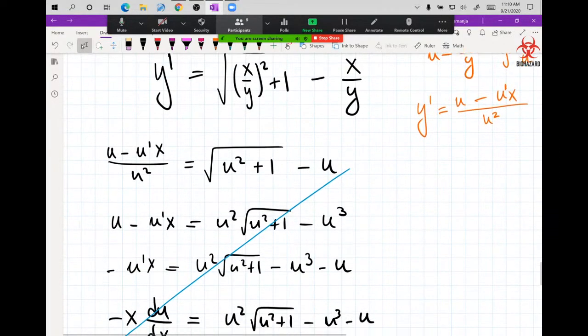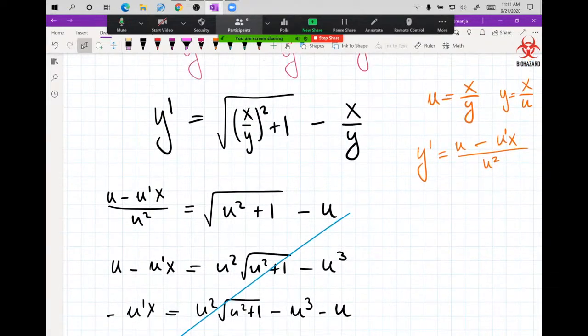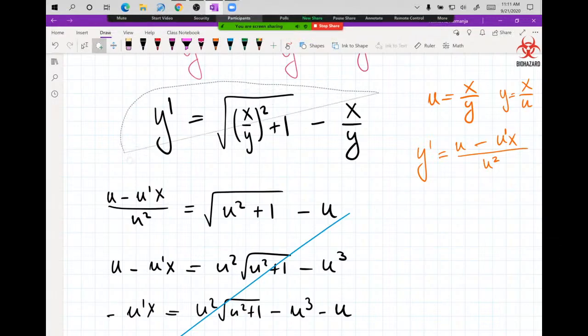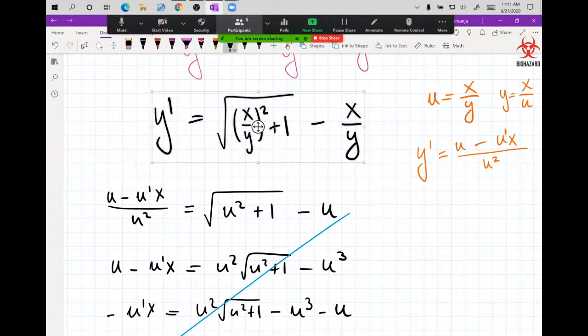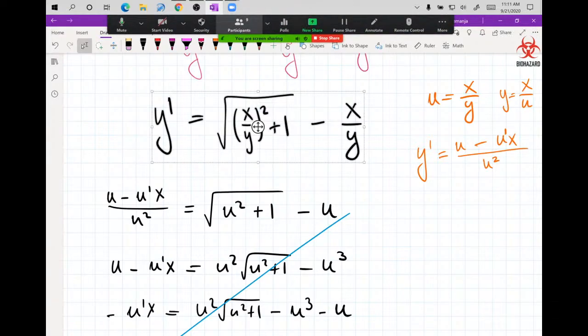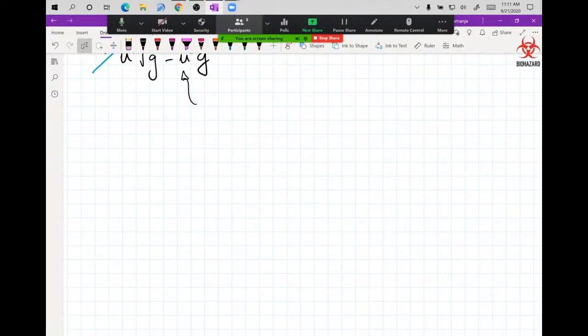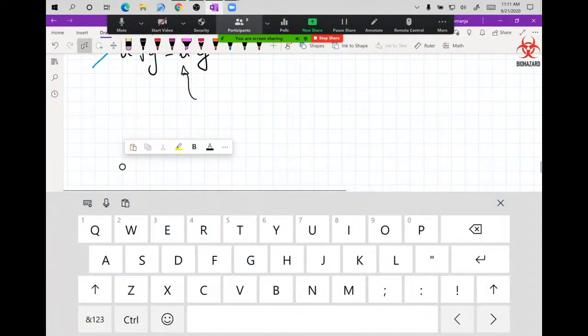And then I multiplied by u squared. Yeah, this looks like it's good, but then it just didn't work out. So what I'm going to do is start the problem again and use a different substitution here. And if that doesn't work, I'm going to stop wasting time and solve it on my own time rather than wasting class time, and then just present you with a solution in the next class.